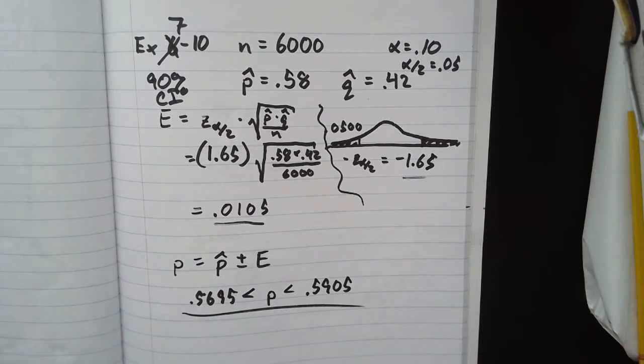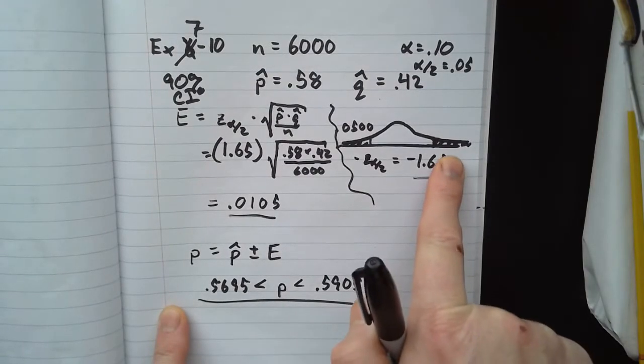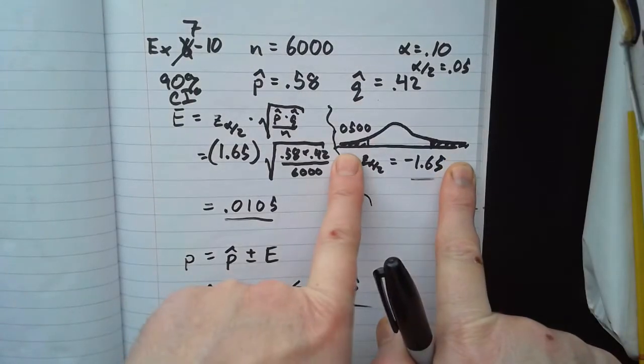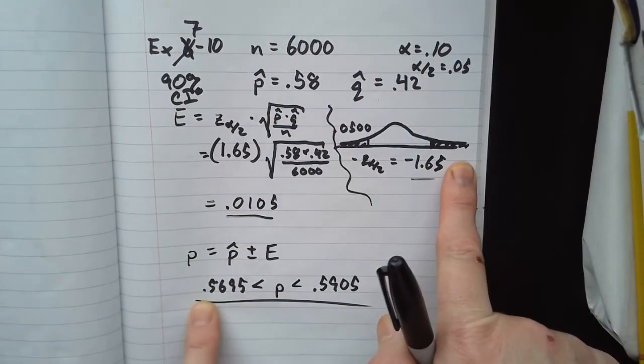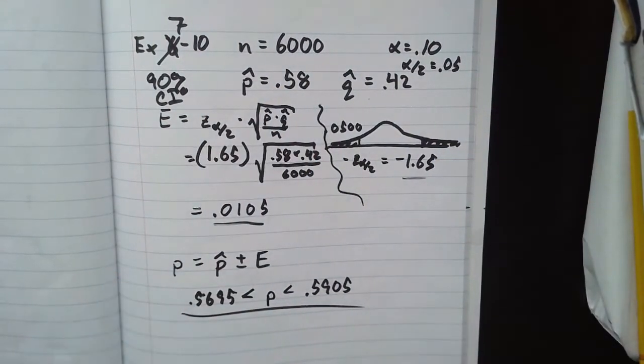No, only 90% of the time. 10% of the time, it might be outside of the range. Exactly 5% of the time, to be precise, it's going to be above 59.05%, and 5% of the time it's going to be below 56.95%, right? But 90% of the time it's going to be in this range, right?